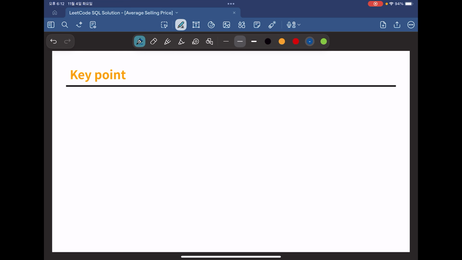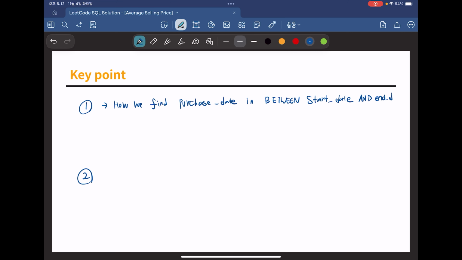So I think we can organize the key points of this one. There were two difficult things. The first difficult one was how we find the purchase date, which is in between start date and end date.